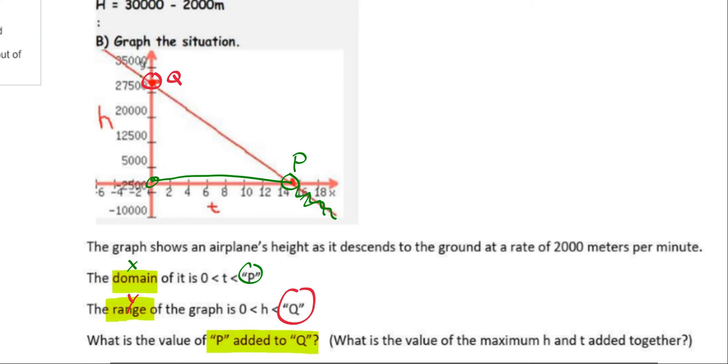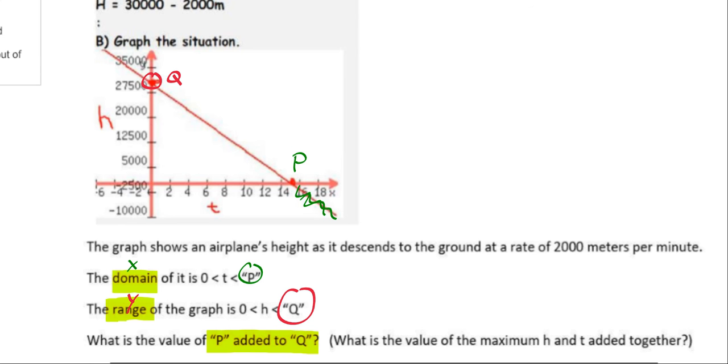Probably what this means to say is that past this point, maybe it's not a nice straight line anymore. But it's saying only look between 0 and p. So only look in this range. Domain.